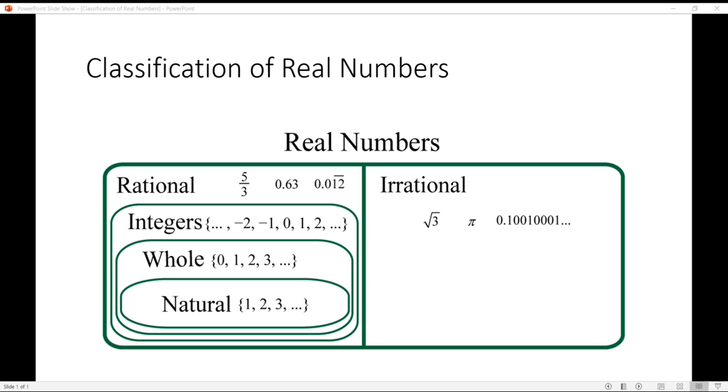The last type of real number that we'll look at this quarter are called irrational numbers. And these are numbers that when we translate them into a decimal approximation, we find that the decimal continues on forever, and it doesn't have a repeating pattern.